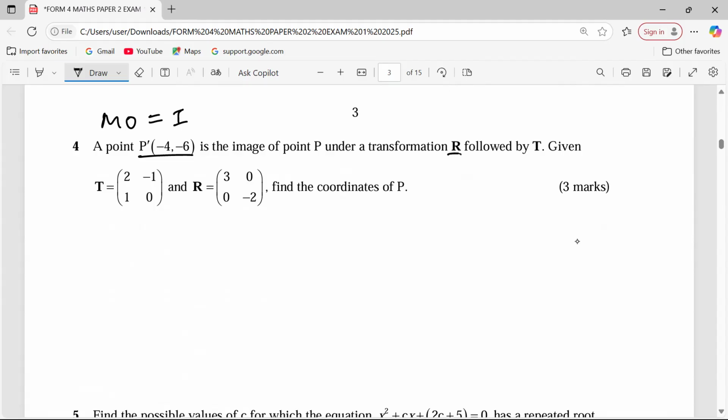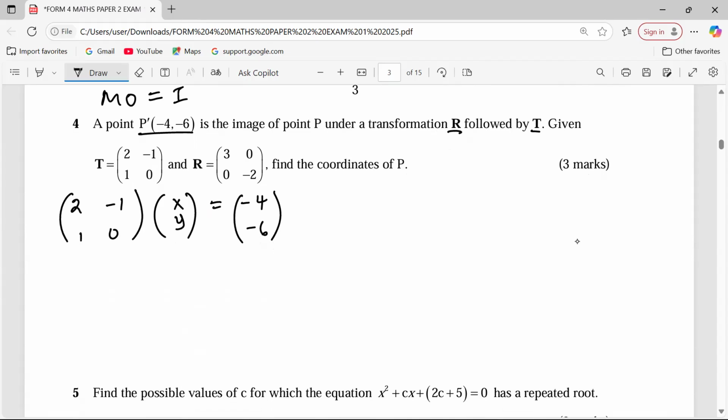So transformation R followed by T means that the last transformation that gave us the coordinate that we are having is T. So we can say that T, which is 2, -1, 1, 0, multiplied a certain first image, for us to get -4, -6. So I think we can relate this to get our immediate image that gave us the final image.